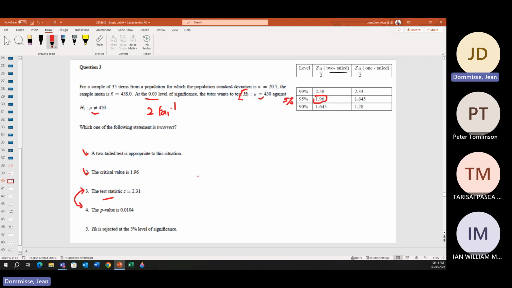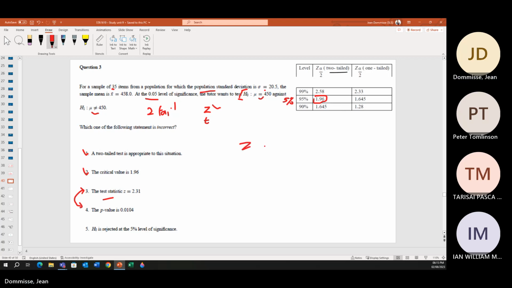Okay, so we've done the two tails, so let's see if it's a Z or T that we work with. For a sample of 35 from a population, we have a population standard deviation. Okay, cool. So we know it's a Z because the standard deviation is known.